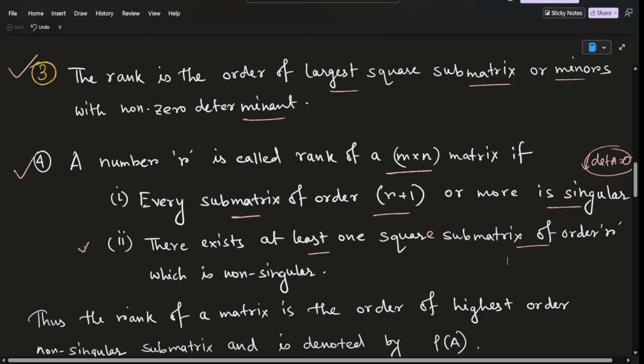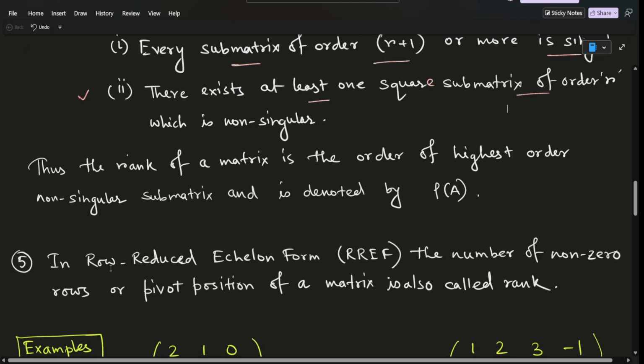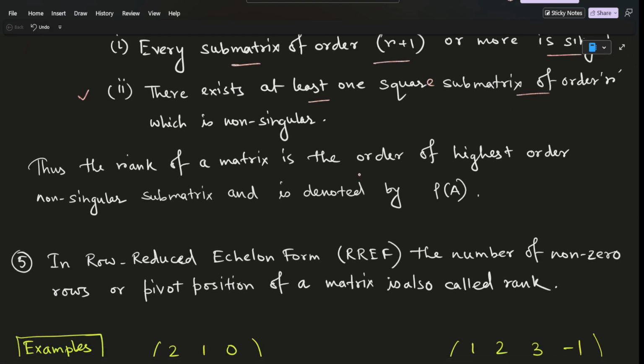So this is the definition. Thus, the rank of a matrix is the order of the highest order non-singular submatrix and is denoted by rho of A. Many books also denote it by rank of A or r(A). So there are many notations for the rank of a matrix.